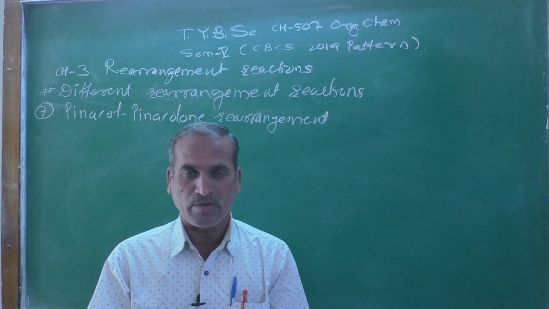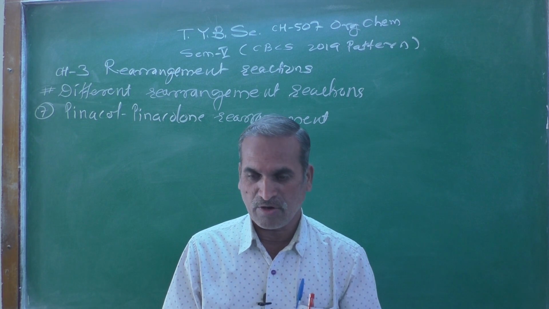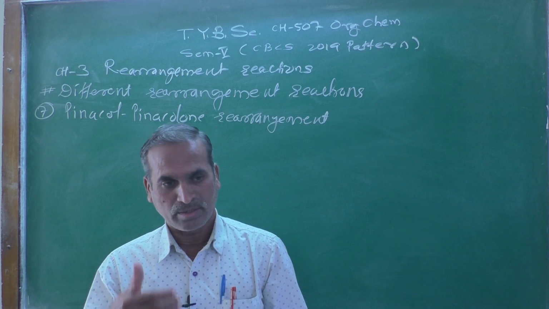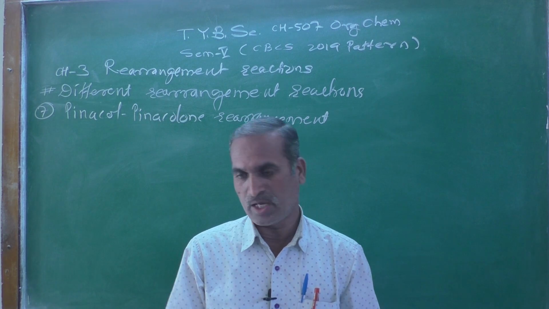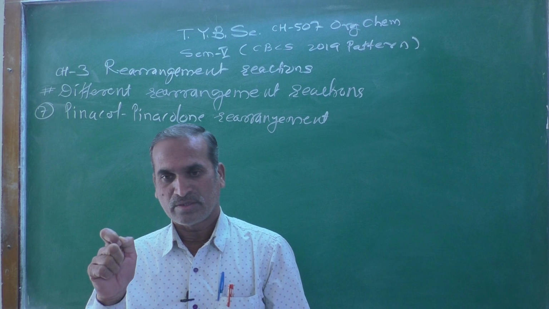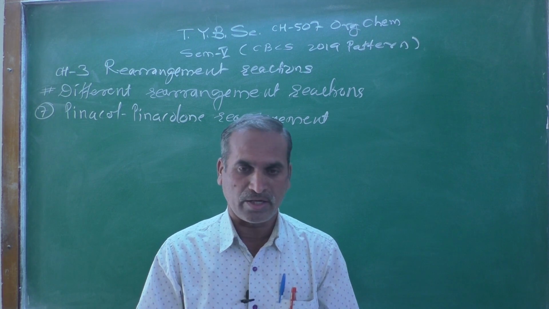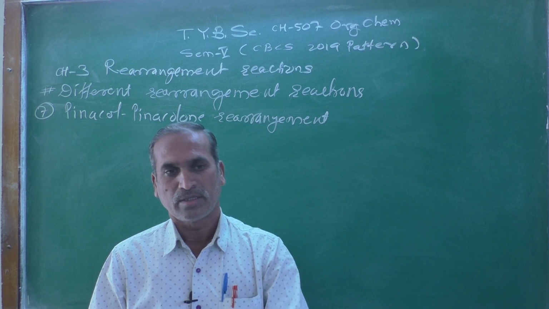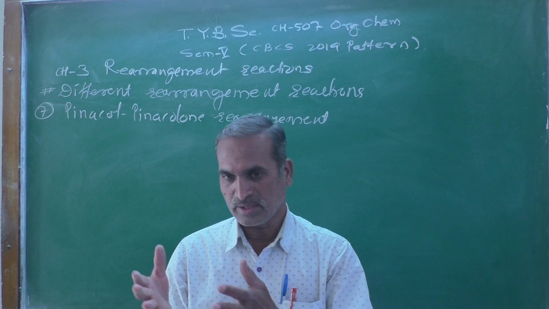What is the driving force for the rearrangement, and what is the migratory aptitude of the alkyl or aryl group? Generally hydrogen, phenyl and alkyl group is the general trend found to migrate during all these rearrangement reactions.